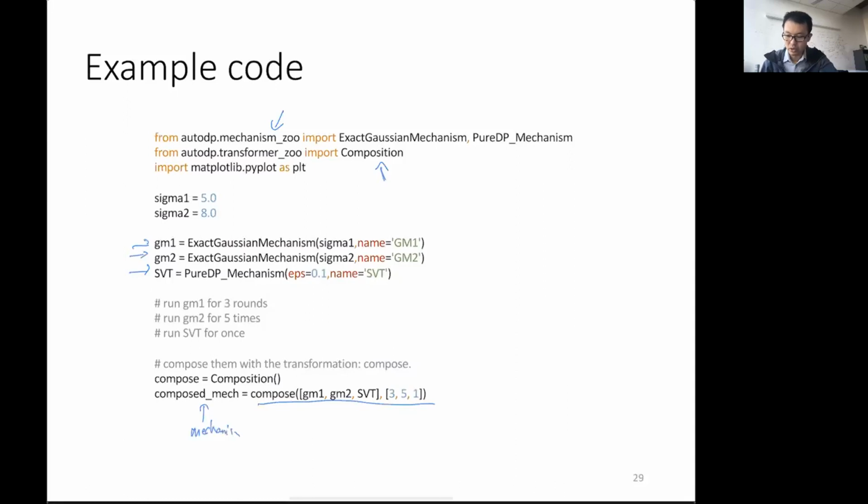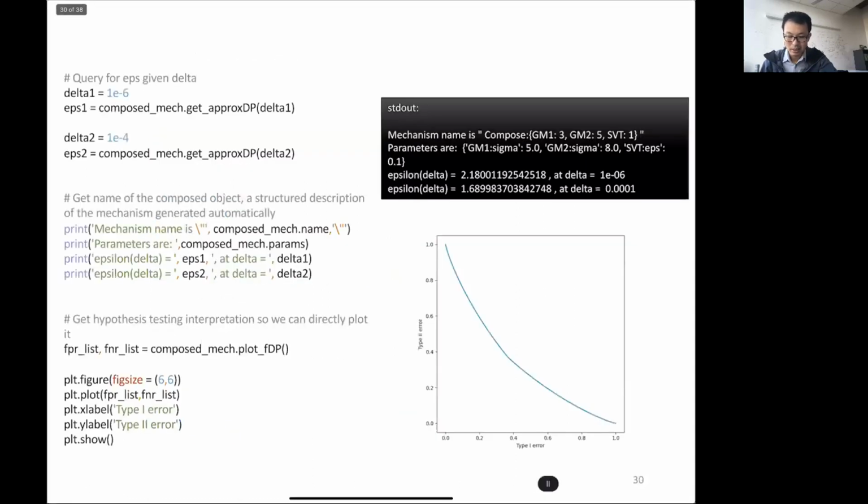Once you have done that, you can take the composed mechanism and query for the epsilon parameter, given a particular choice of delta, and you can do it for any delta that you want. What we can see is the output of running this to get approximate DP with a delta parameter.